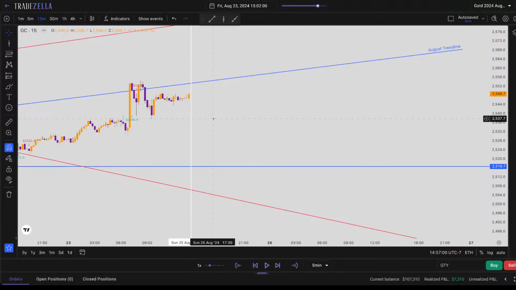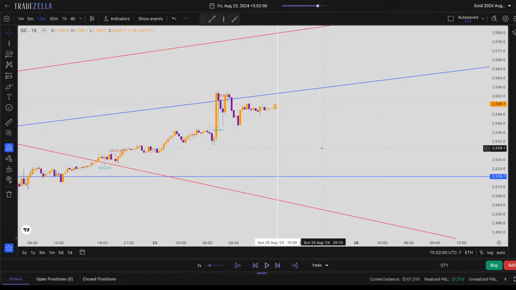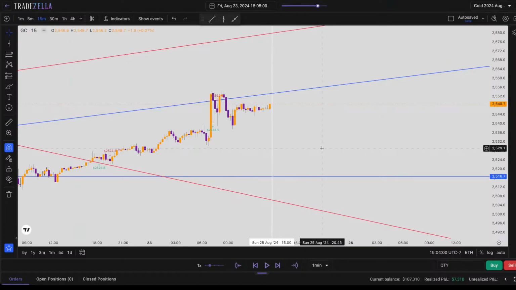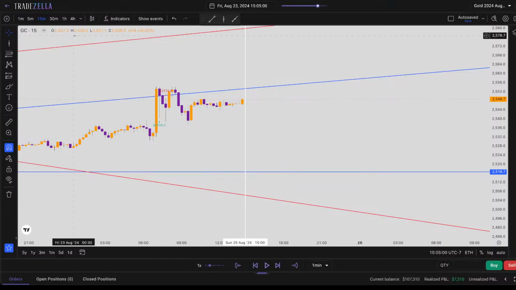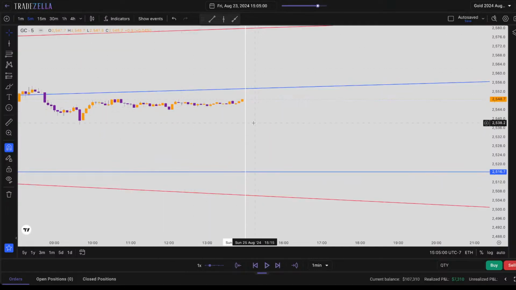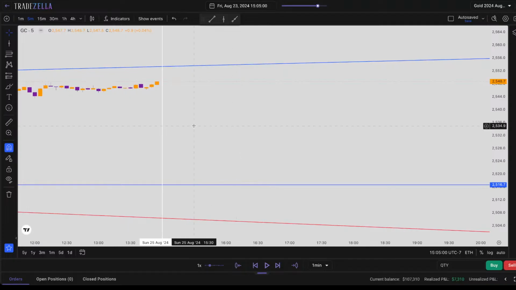It's 15:02. 1505. Well, it says 1505, but where's my candle?